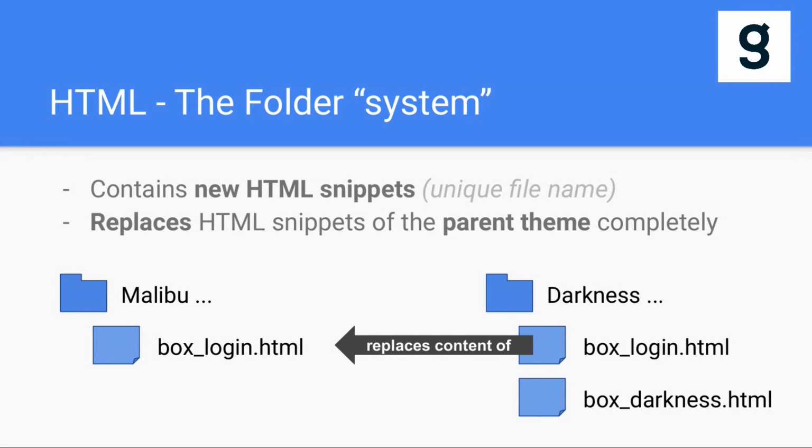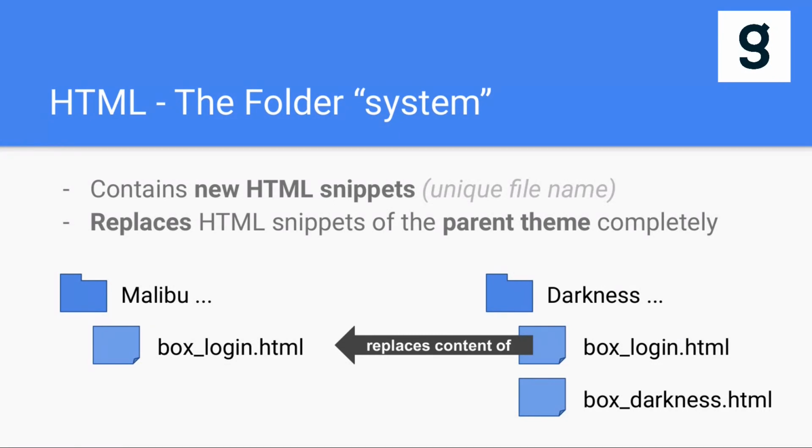If you create a new HTML file with a completely unique file name, it is considered a new HTML snippet. But if you create a new HTML file with the exact same file name as one HTML snippet file in the parent theme, it counts as replacement. To specify this, in our example, darkness is extending from Malibu, and Malibu is extending from Honeygrid.